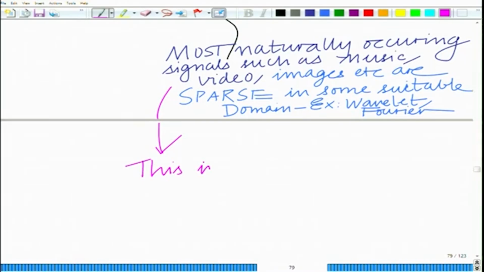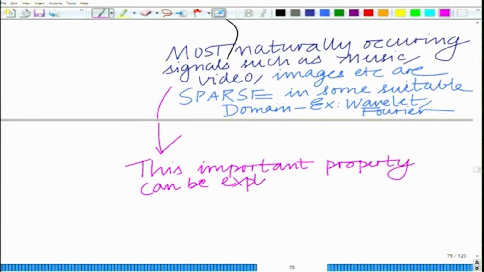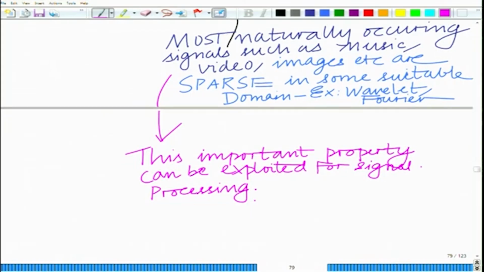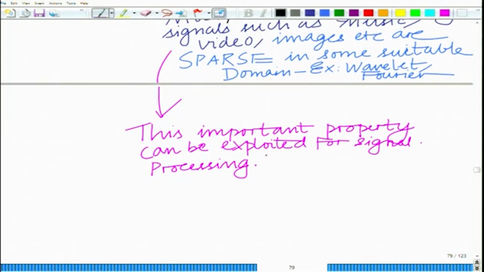This important property, that is sparsity, can be exploited for signal processing, and this is termed as compressive sensing.